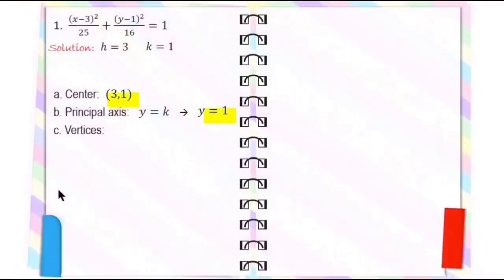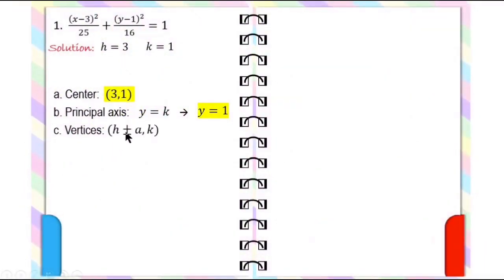So for the vertices, we have (h plus and minus a, k). We need to solve for the value of a. If a squared is equal to 25, a is equal to 5. Square root of 25 is 5. Therefore, the vertices are h, which is 3, plus and minus a, which is 5, then k, which is equal to 1.